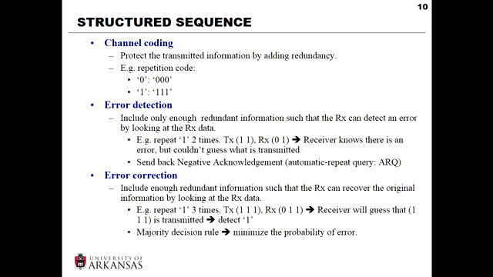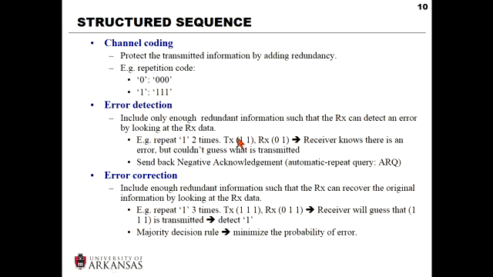We need to repeat the information over and over again to achieve the objective of error detection or error correction. As a very simple example, if we repeat the information twice, instead of transmitting a 0, we transmit 0 and 0. Instead of transmitting a 1, we transmit a 1 and a 1. So this is a twice repetition code, and this code is good enough for us to detect if there is a 1-bit error, right?